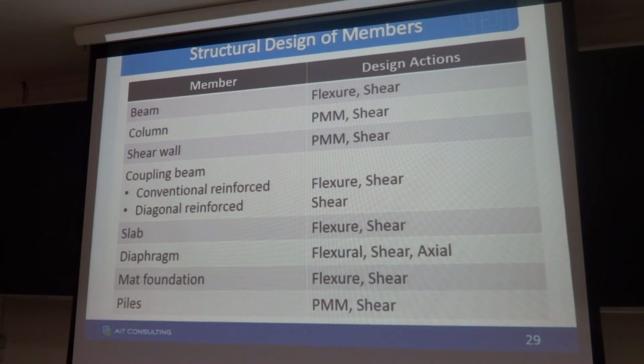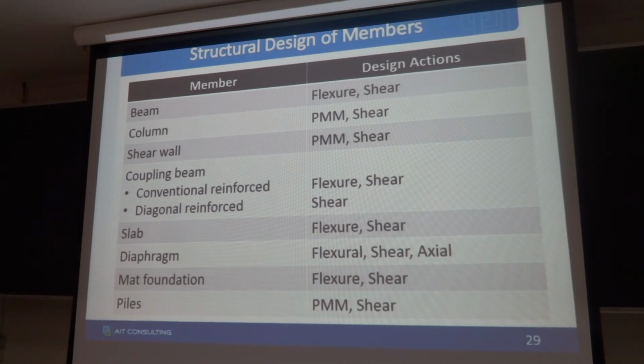But the beams in the moment resisting frame we have to design for lateral load as well. For the beams, we check flexure and shear capacity. And for the columns, we check PMM interaction and shear.